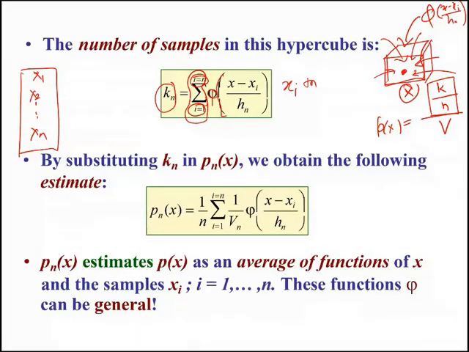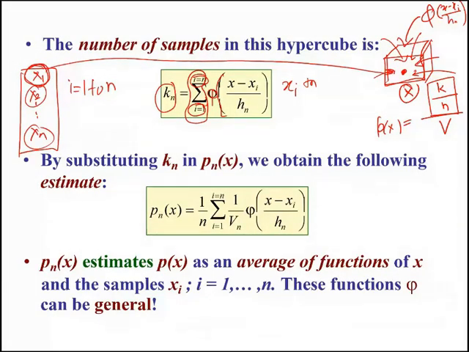So I'm going to take these samples one by one, from i equal to 1 to n. Suppose I take this x1, I go to this box and check, using this psi function, whether it is inside or not. If it is inside, then this function will return me 1.